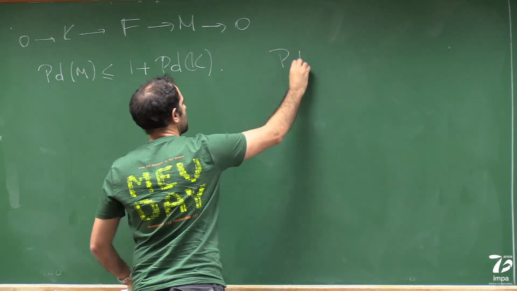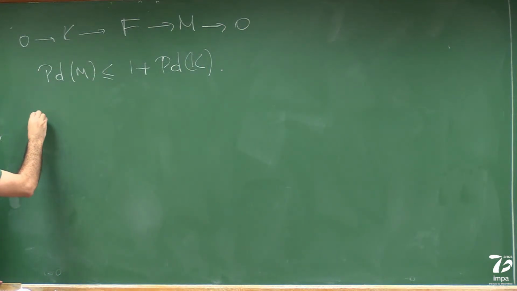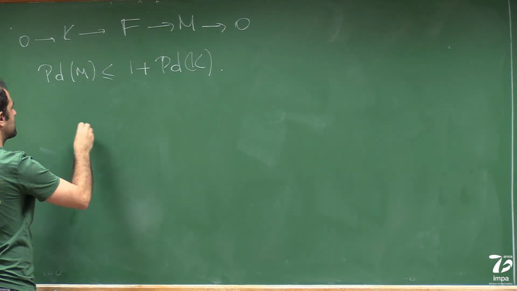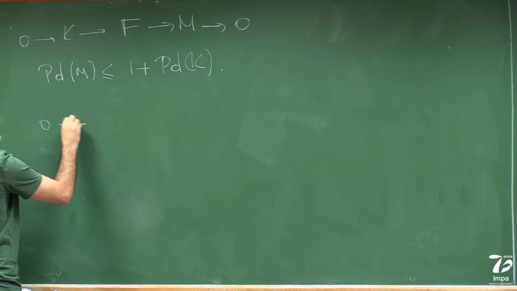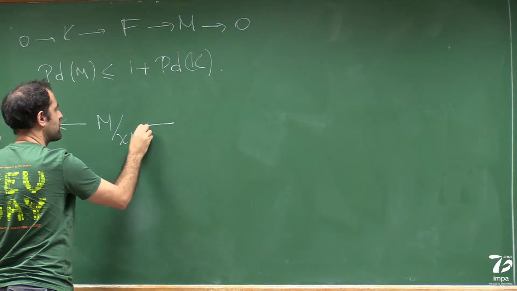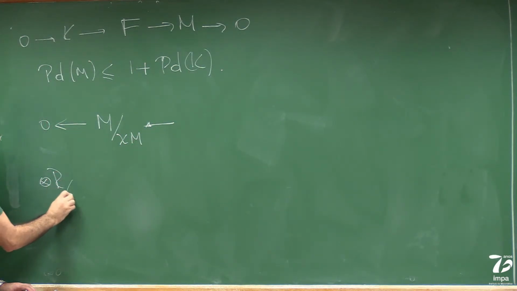The projective dimension, well, let's look at this modulo x. Okay. So if I look at this modulo x, the sequence looks as follows. I'm going to get M mod xM. So I'm tensoring by the ring R divided by xR.